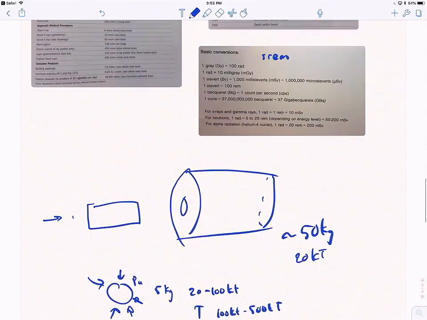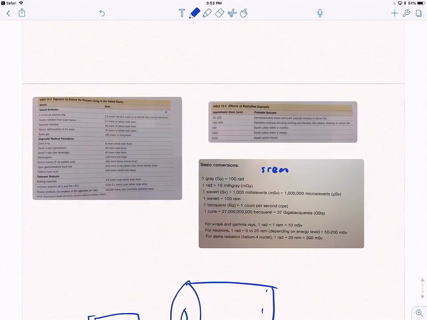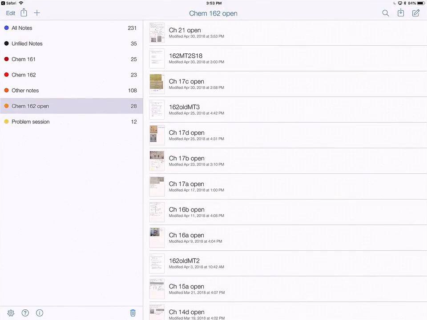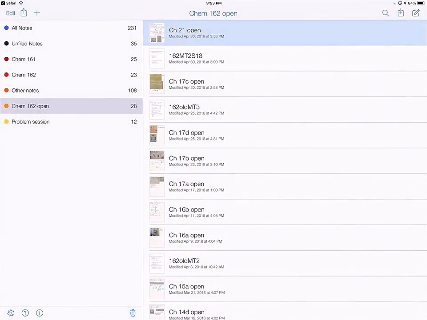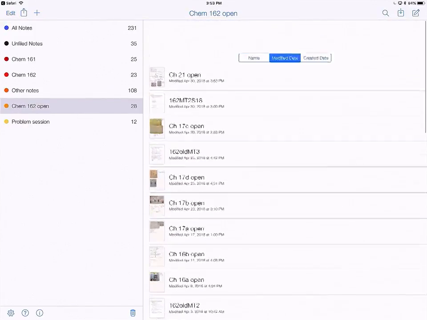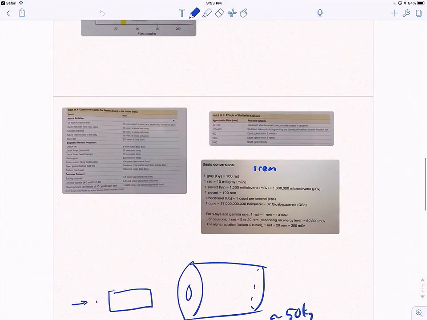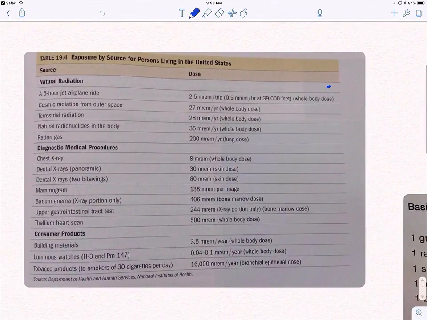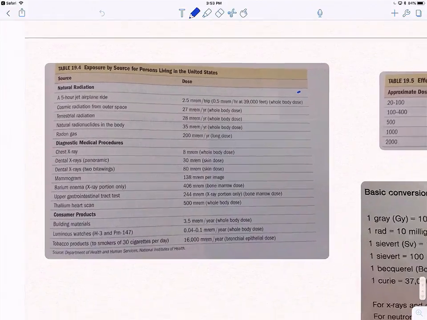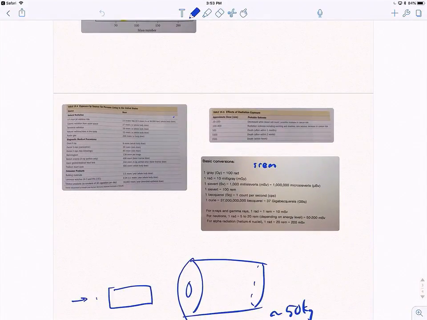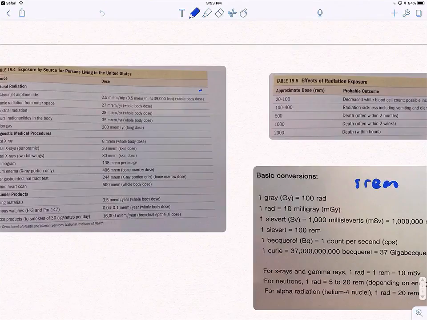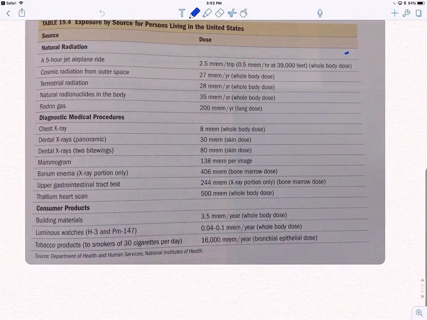Okay. All right. So where are we at? I wanted to do a couple equations for you. Did I put it on here? No, I didn't. Okay. So what do we care? Know that you get your radiation from natural sources, unless you smoke.